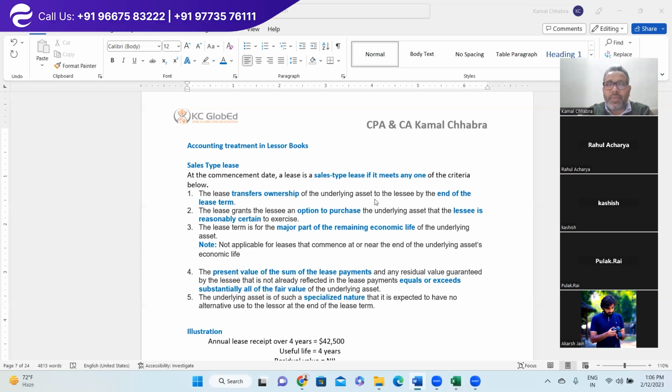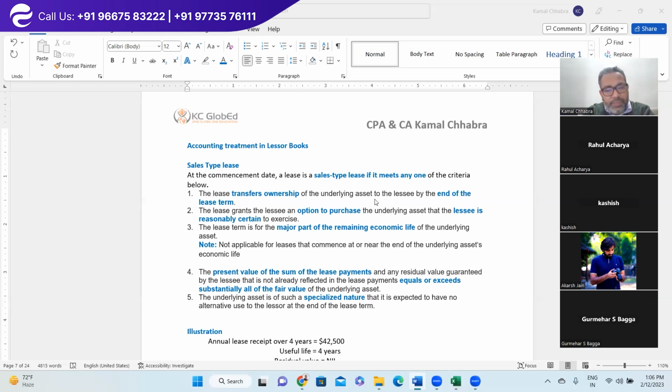What is the major part of the remaining economic life? 75%. 75%, absolutely true, right? So look at the note mentioned here: not applicable for leases that commence at or near the end of the underlying asset's economic life. If you are giving an asset on lease when it is almost scrap, then this criterion is not required, right?